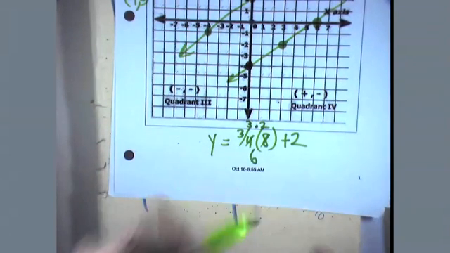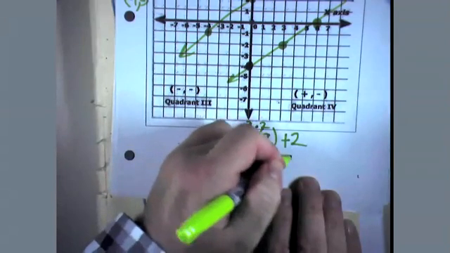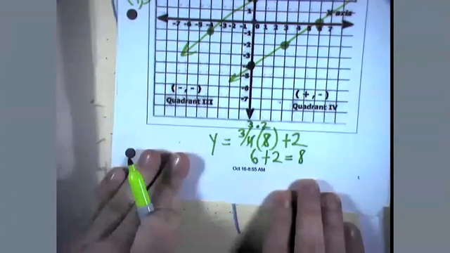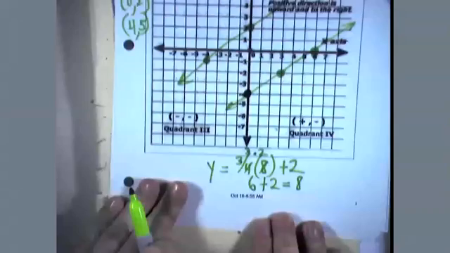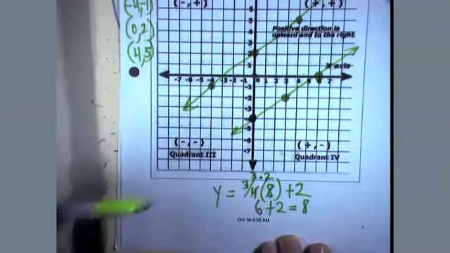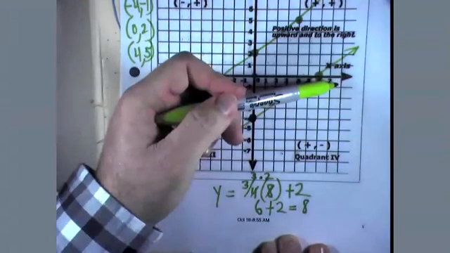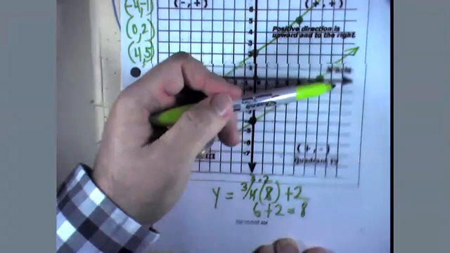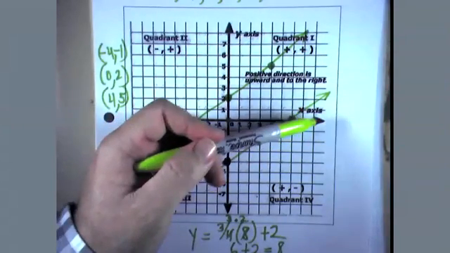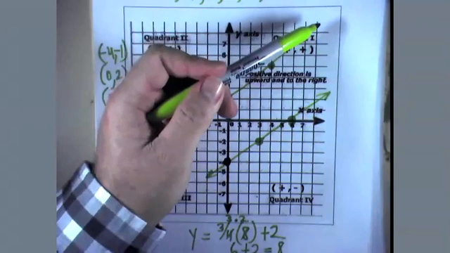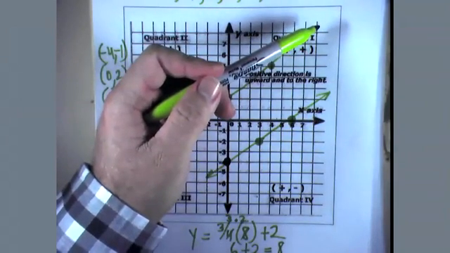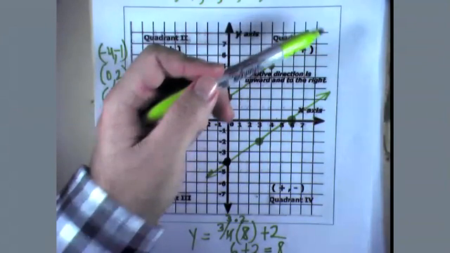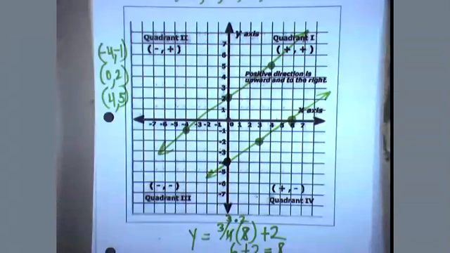And then plus 2 would give you a positive 8 for y. So I can guarantee if we had enough room, (8, 8) would actually be on the line. So 8 or -8 are good choices as well. Any other questions from any of the satellite campuses?